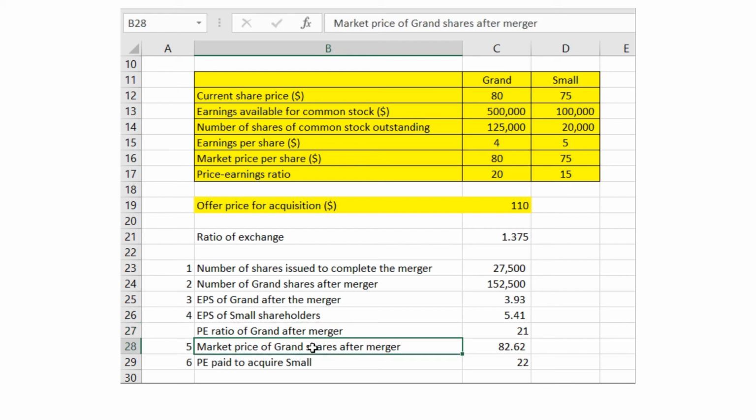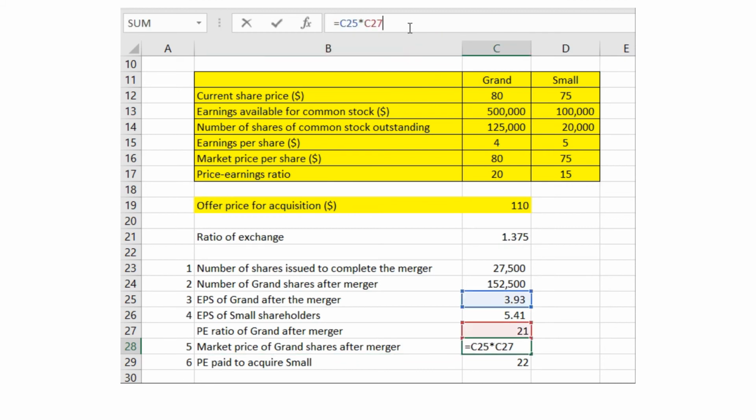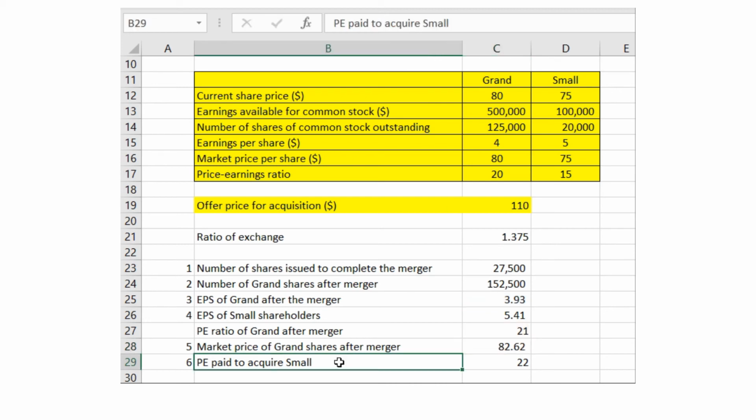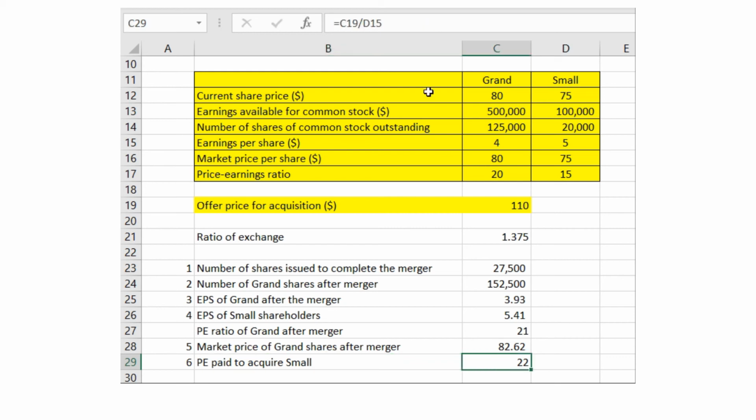Therefore, in question 5, the market price of Grand will be the expected P/E ratio, 21 times, multiplied by the earning per share of Grand after the merger. And finally, question 6. The P/E paid to acquire Small is the offer price divided by the earning per share of Small.